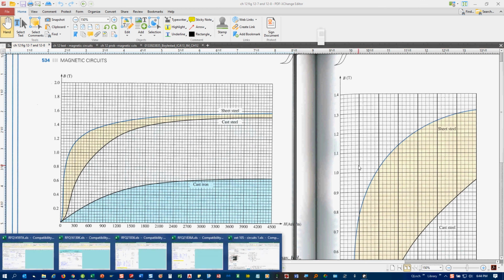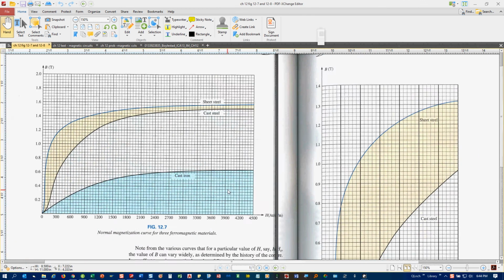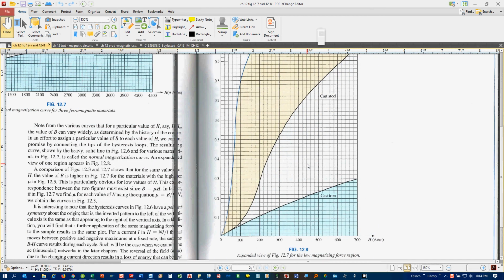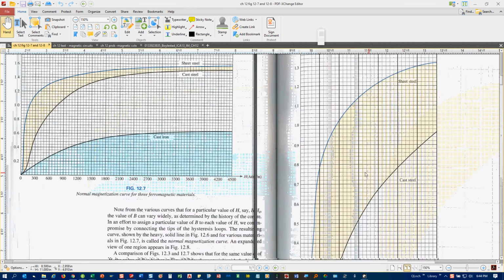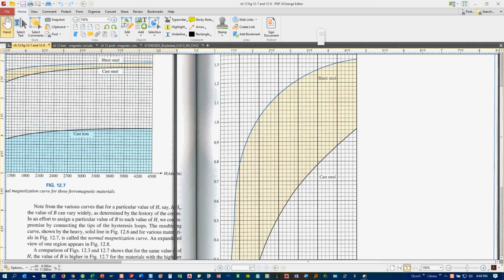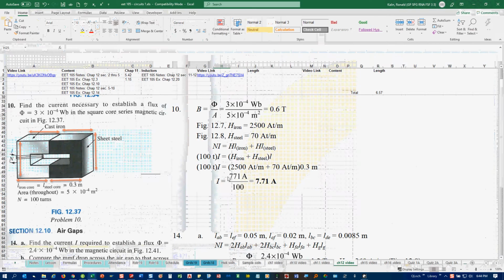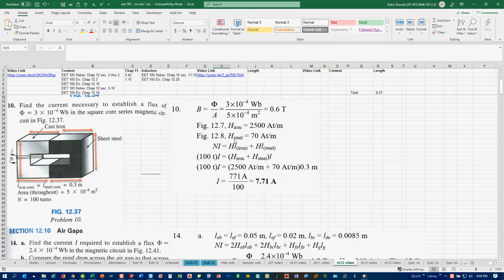And then from the other, this is an expanded portion of that curve, this figure 12.8. It's like this little section right here. So it's blown up. So going back to figure 12.8, H of steel, it says is 70.